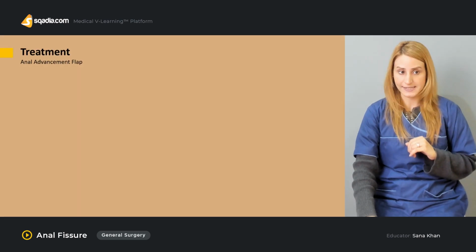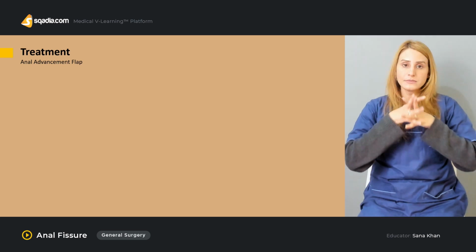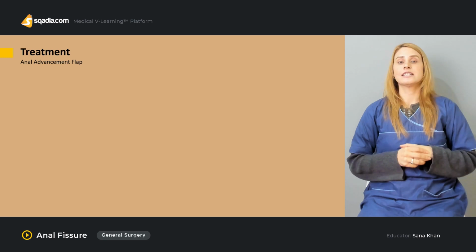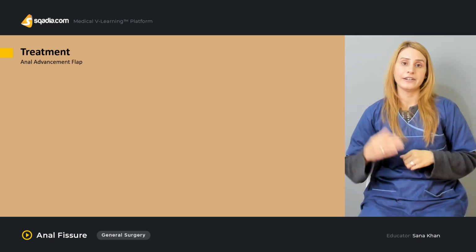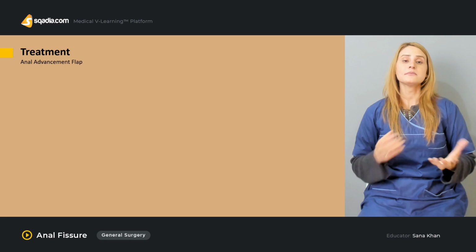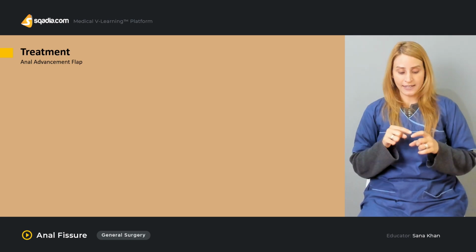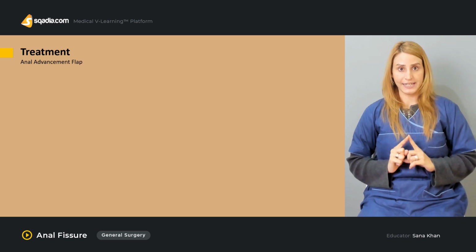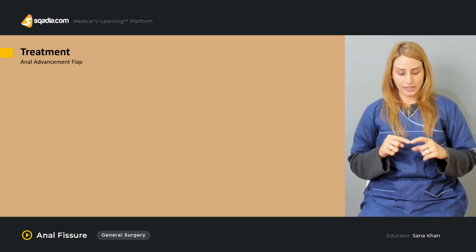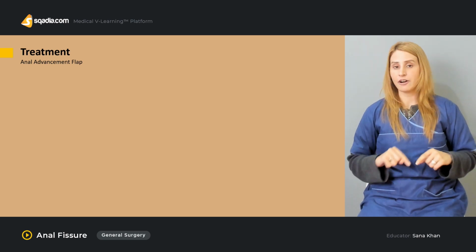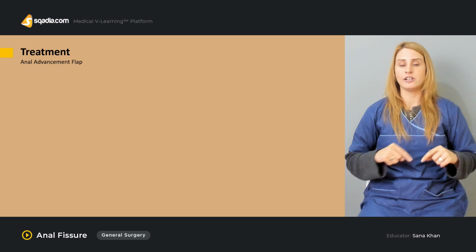Then you have to look for anal incontinence. Now, if the chronic anal fissure is persistent for a very long time, then what do you have to do? You have to excise the whole of the anal skin and the whole of the anal verge, incorporating the anal tags and the ulcer.